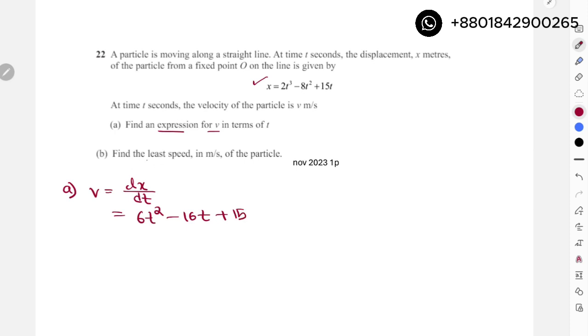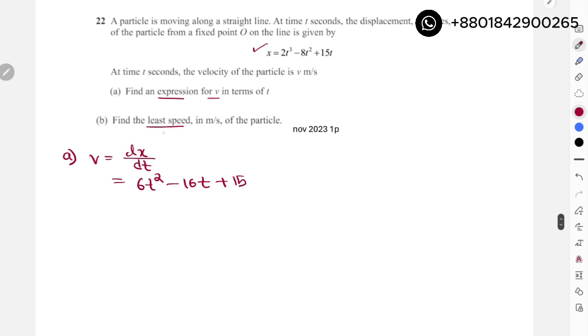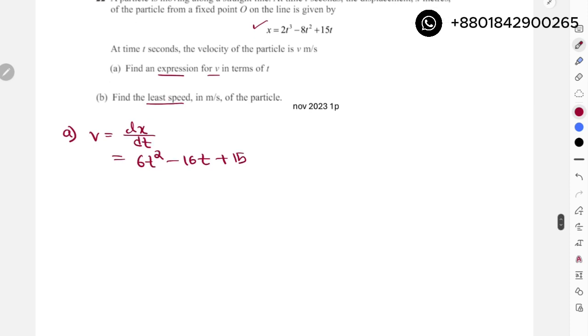After that, it says find the least speed in meters per second of the particle. Just like at maximum velocity, at least speed also your acceleration is 0. So I can use that to find out my time and then include that time in the equation for my velocity, to find out the least speed.